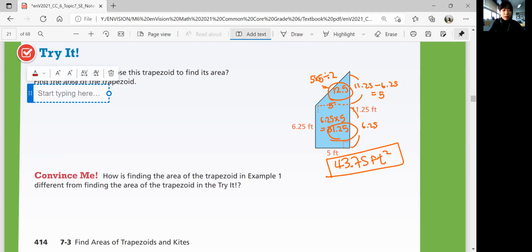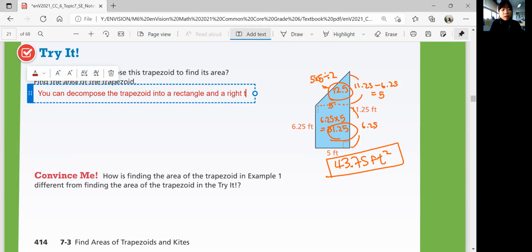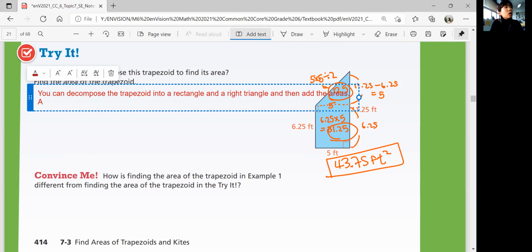So let's explain how we got it. You can decompose the trapezoid into a rectangle and a right triangle, and then add the areas. The area of the rectangle is length times width, which is 6.25 times 5.